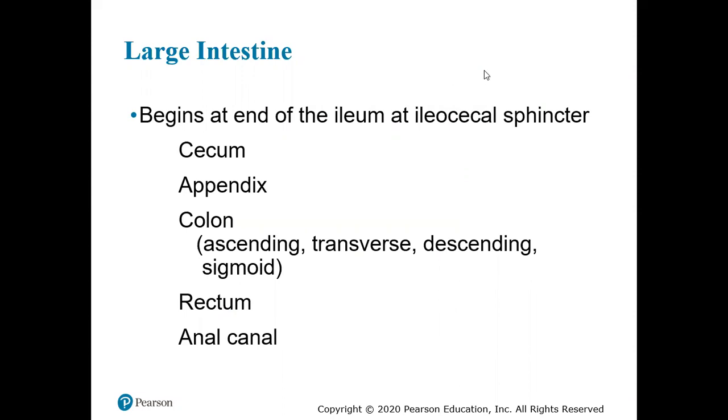The small intestine, we went from the duodenum to the jejunum to the ileum, and then the ileum ends at the ileocecal sphincter. The ileocecal sphincter is going to protect the small intestine from the bacteria of the large intestine.